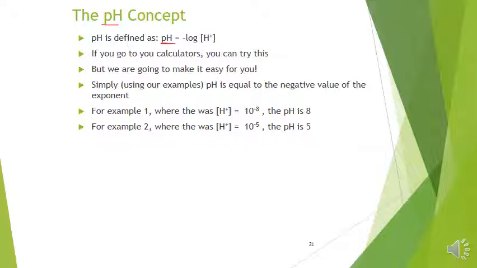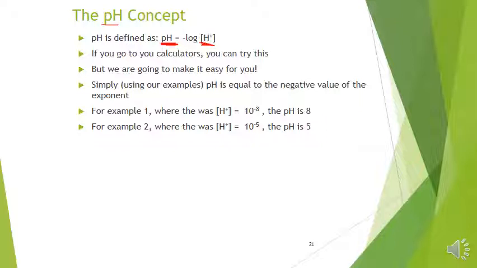So pH, and you may have heard of pH before, and we'll get more into it in a minute, is a mathematical equation. It's the minus log of how much acid you have. If you have a calculator, it's pretty easy, though it depends on the calculator.